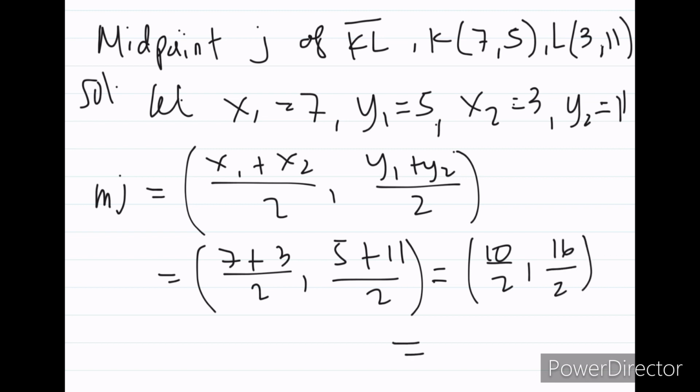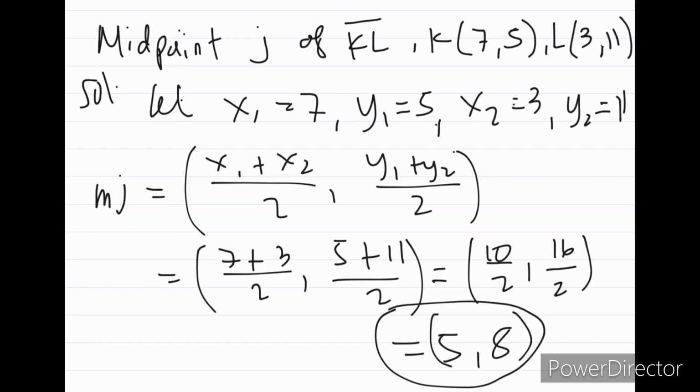Thus, the midpoint J of line KL is 5 and 8. The coordinates of the midpoint J of line KL are 5 and 8.